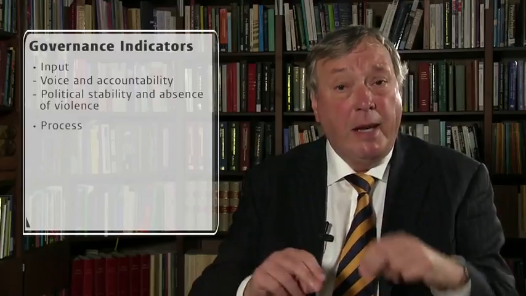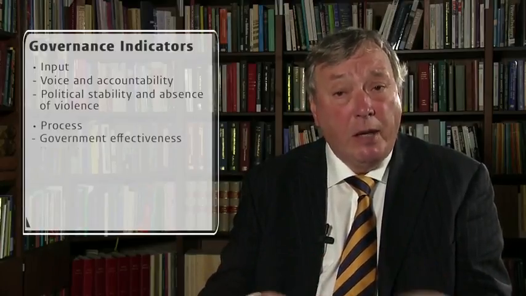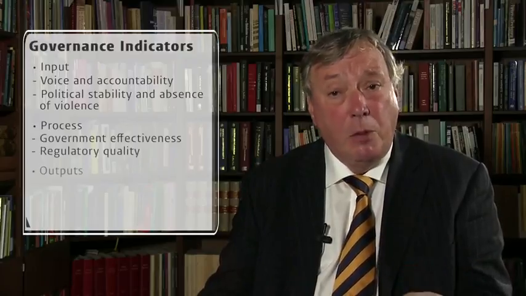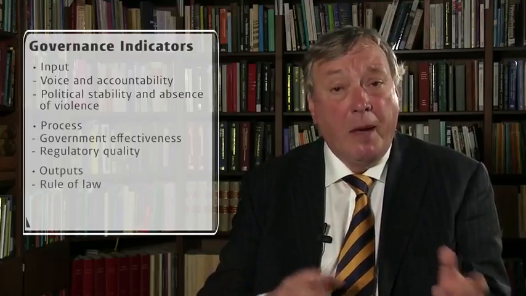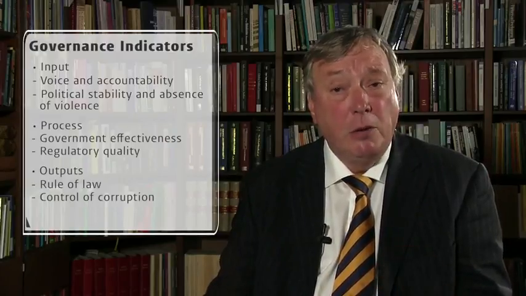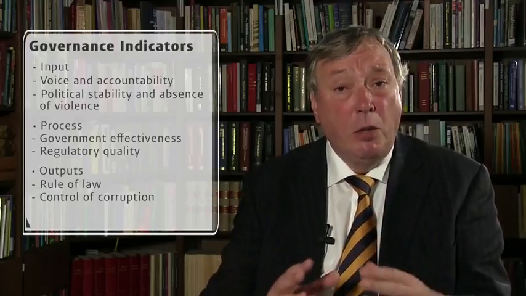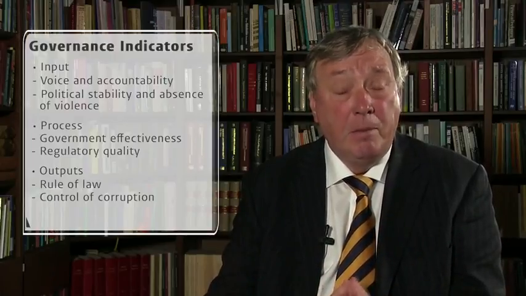The process of making and implementing policy is measured by government effectiveness and regulatory quality, and the outputs are measured by the rule of law and control of corruption. The index is scored from +2.5 to -2.5, with 0 representing the world average for that particular year.